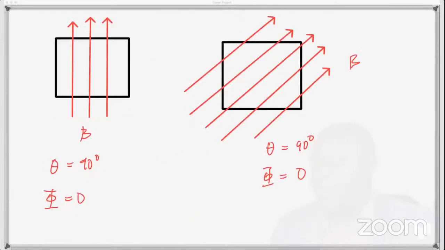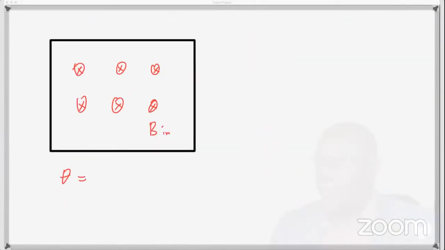So let's go back to this problem. B is going into the page. It's going in, that's away from you, into the screen. What is the angle between B and the direction that is coming out of the page? That's the normal direction.